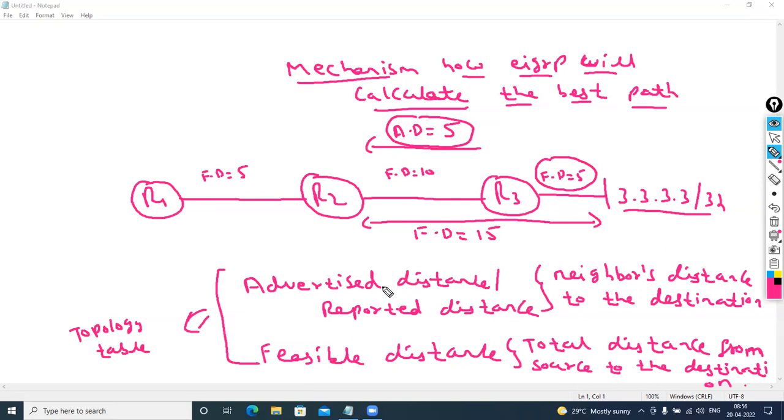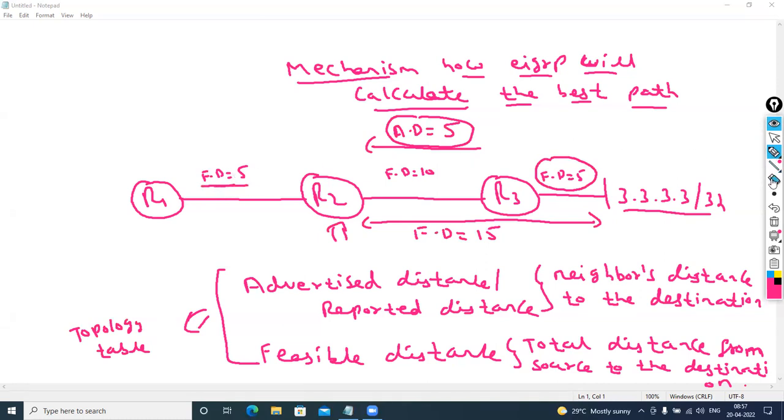And you mentioned feasible distance is a total distance from source to destination. I'm talking about R2's perspective. No, there is one FD you mentioned per link: FD is 5, FD is 10, FD is 5. That is the calculation, the metric.